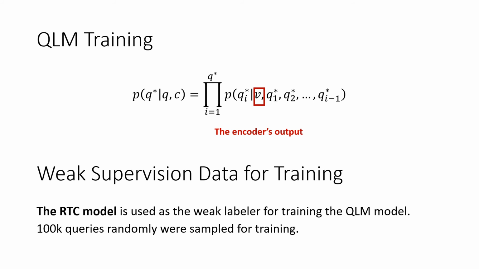So we use the RTC model, the rule-based, template-based model, to generate a set of questions, and it is used as the weak labeler in our data. We generate a clarifying question for 100,000 queries, which were sampled from query logs, and then use that data for training this model.